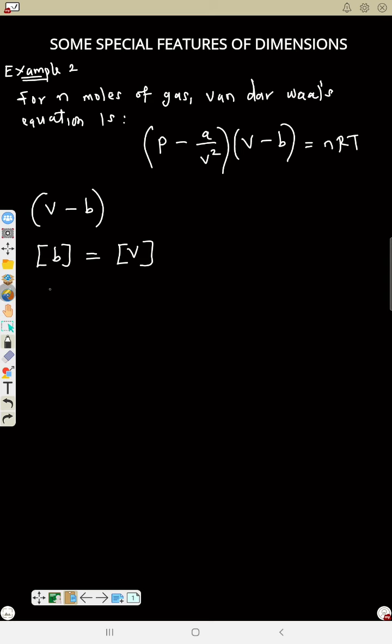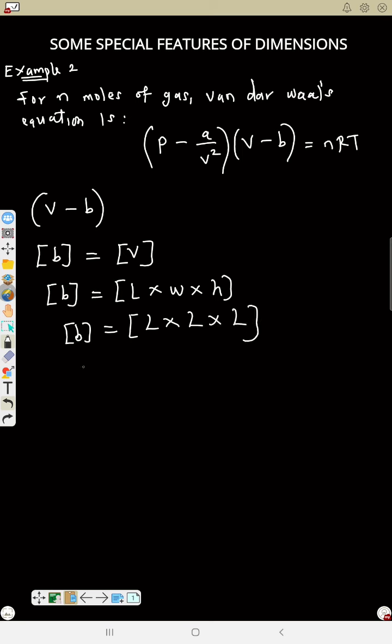So the dimension of B will be equal to the dimension of volume, which is length times width times height. Length is L, width is a kind of length, height is a kind of length, as in the first video on dimension. So everything is L raised to power 3. That means the dimension of B is equal to the dimension of volume, and that is L raised to power 3. We have solved for B just like that. So that is the dimension of B.